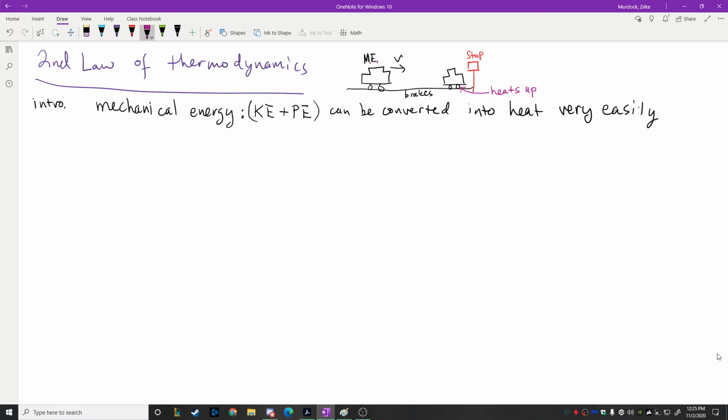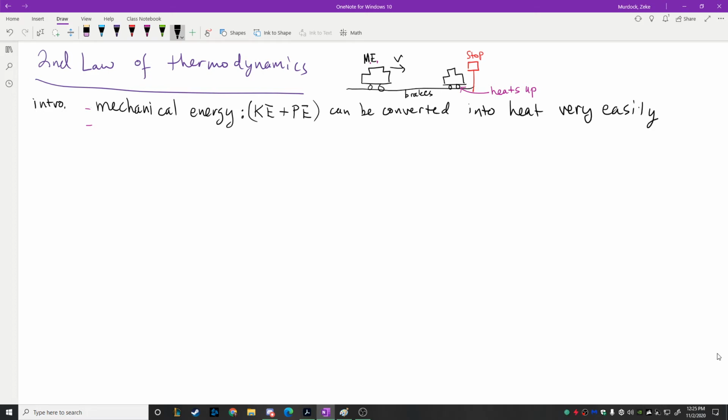Would you all agree? It's very difficult to take the heat, the energy that's stored up inside of these brakes, and use it to move the car again. So the opposite of this process does not usually happen, basically.